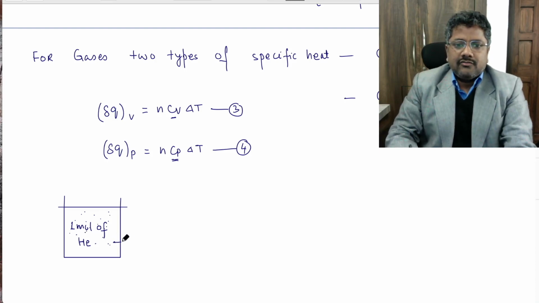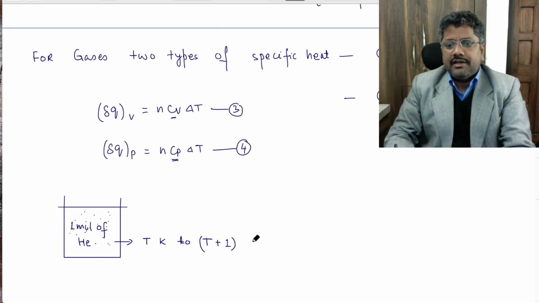And our aim is to increase the temperature from T Kelvin to T plus 1. So what we want? We want to increase the temperature by 1 degree, right?